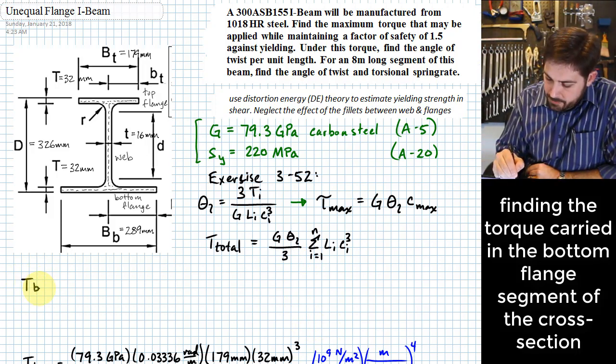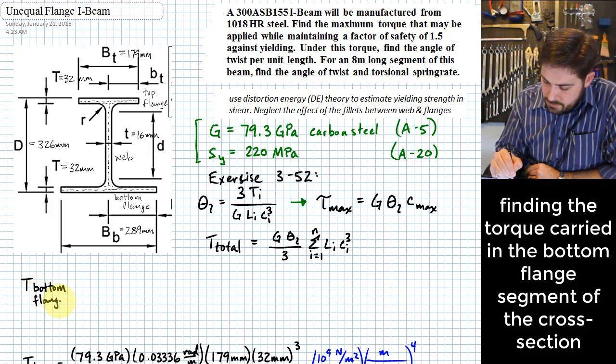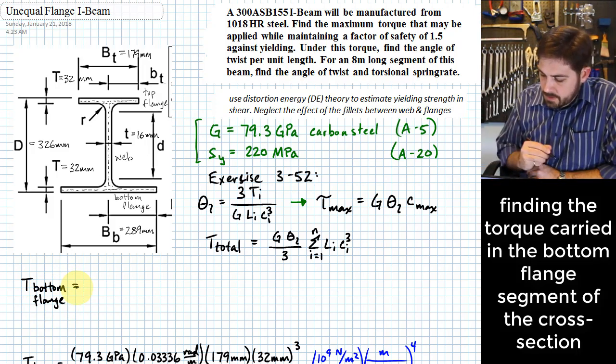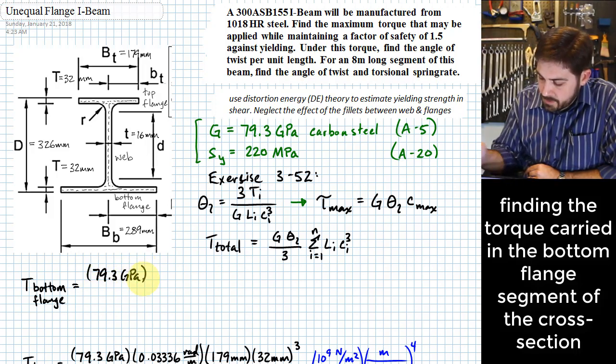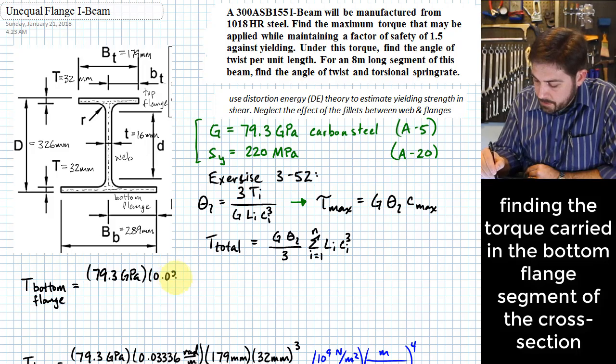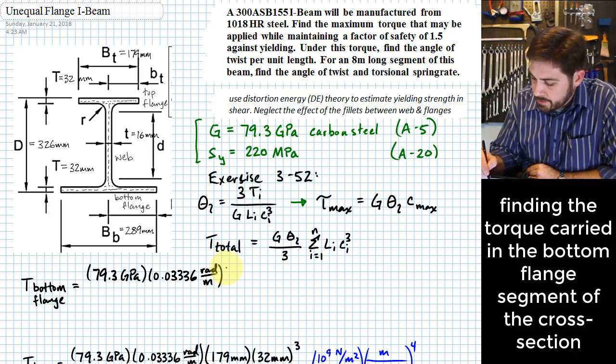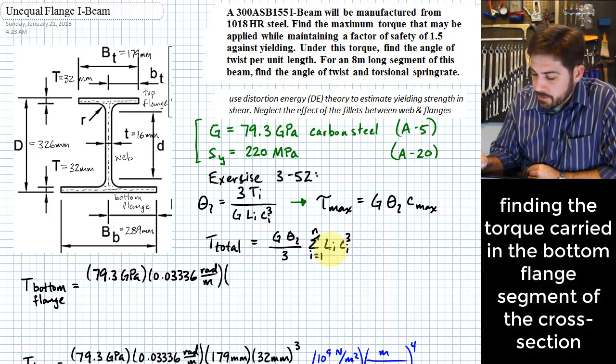The torque that the bottom flange carries is just going to be equal to, again, 79.3 gigapascals times 0.03336 radians per meter. That's the angle of twist per unit length. The next parameter is the length of just this segment for the bottom flange, and that is going to be 289 millimeters.